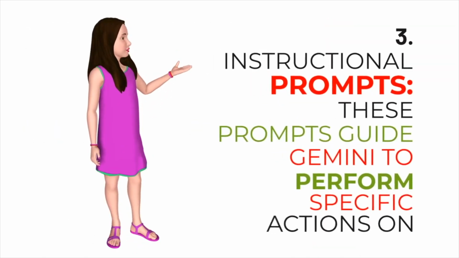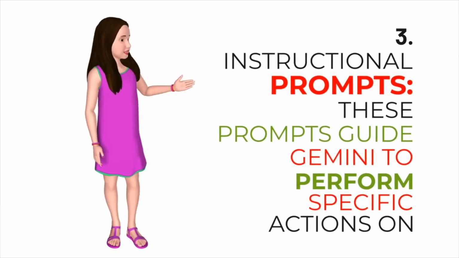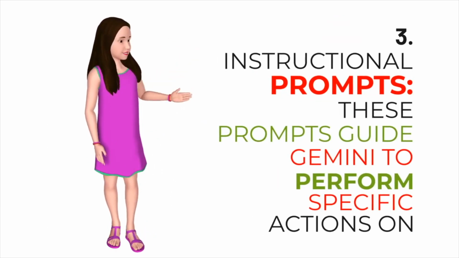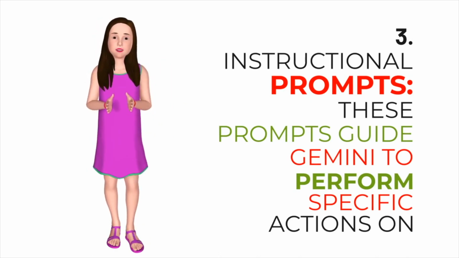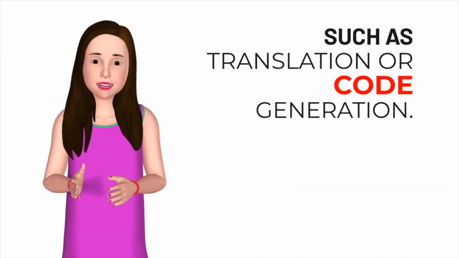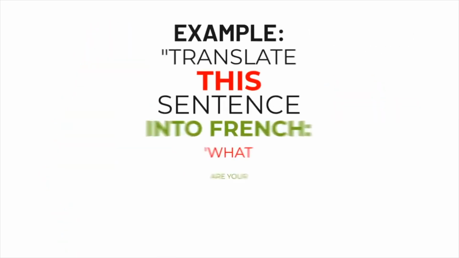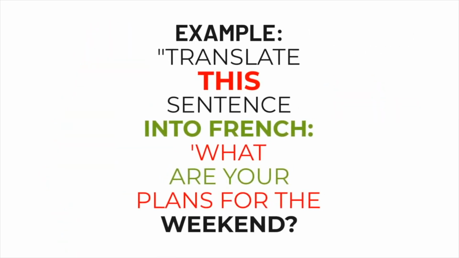3. Instructional prompts. These prompts guide Gemini to perform specific actions on your behalf, such as translation or code generation. Example: translate this sentence into French. What are your plans for the weekend?